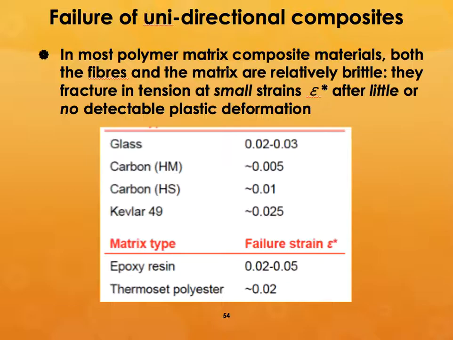You can see that these are the failure strains for the different kinds of matrix ingredients. The glass, carbon and Kevlar fibers all have pretty low failure strains, and even the resins have pretty low failure strains.